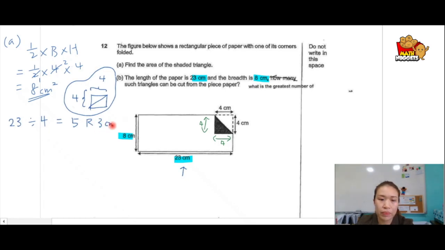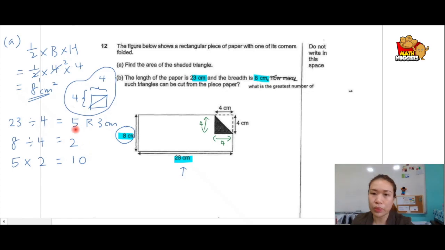Remainder 3 cm. How about at the breadth? 8 cm, right? Divided by 4, I'm able to cut 2. So in total, the length I can cut 5 squares, the breadth I can cut 2 squares. All in all, I'll be able to cut 10 squares.